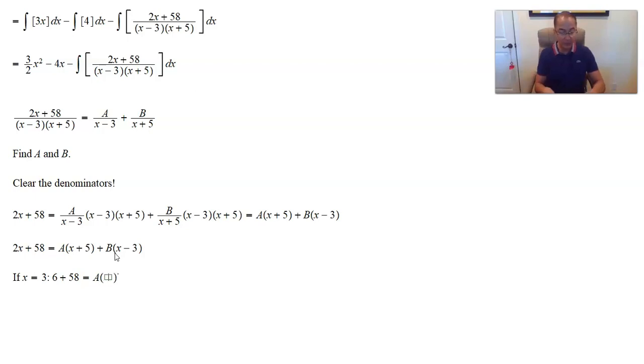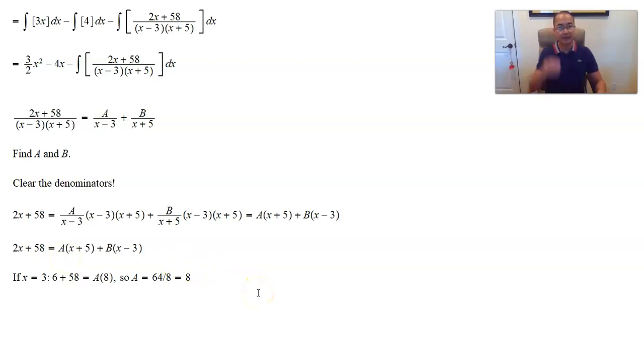Okay, so 58 plus 6, that's 64. So A must be 64 divided by 8, which is of course just 8. Excellent, we have found the value of A. A has to be positive 8.